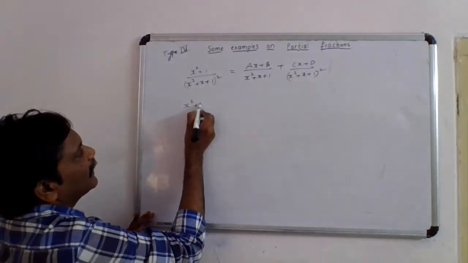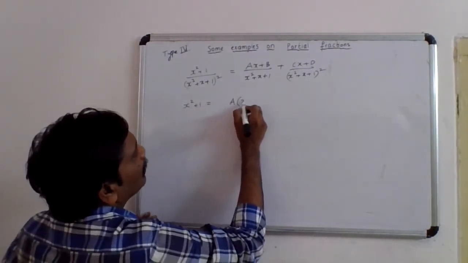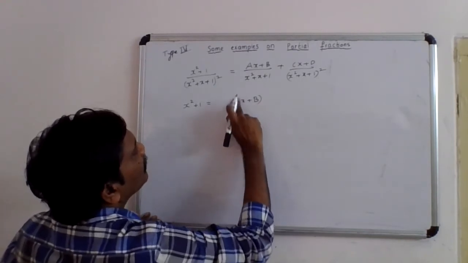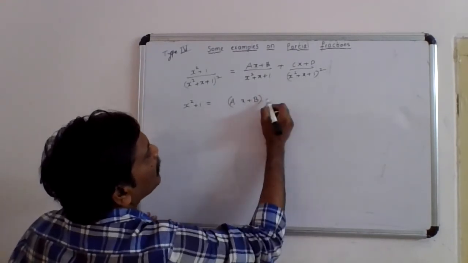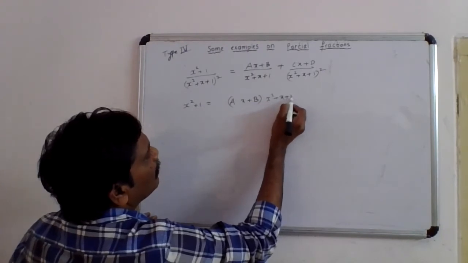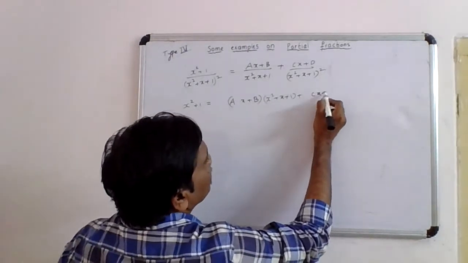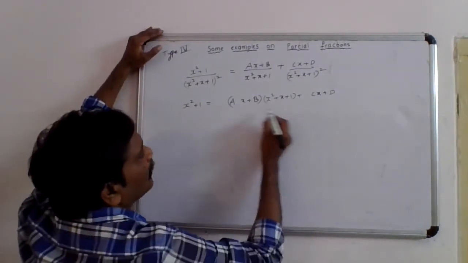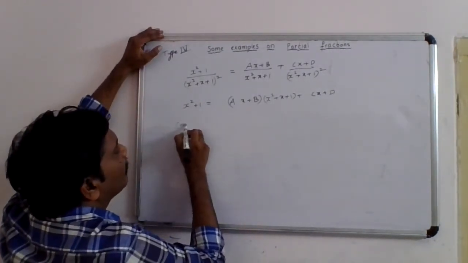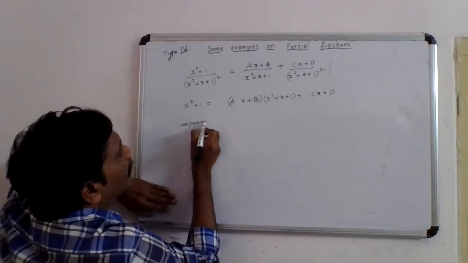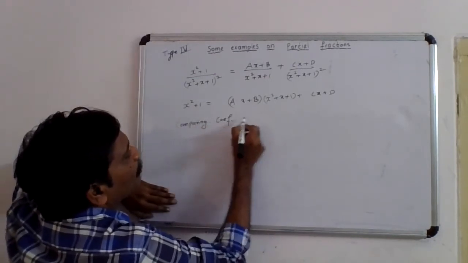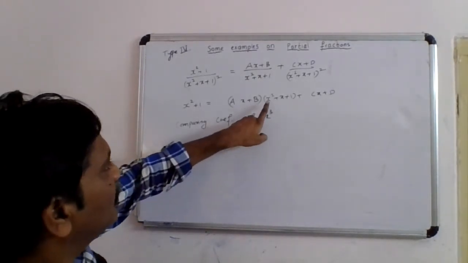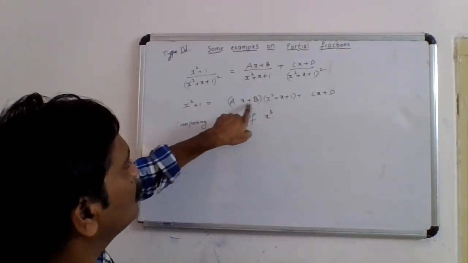So after LCM and cancelling denominators, we will have ax plus b into this part x square plus x plus 1 plus cx plus d. Now comparing coefficients of x cube first of all, because the maximum degree over here is x square into x is x cube.